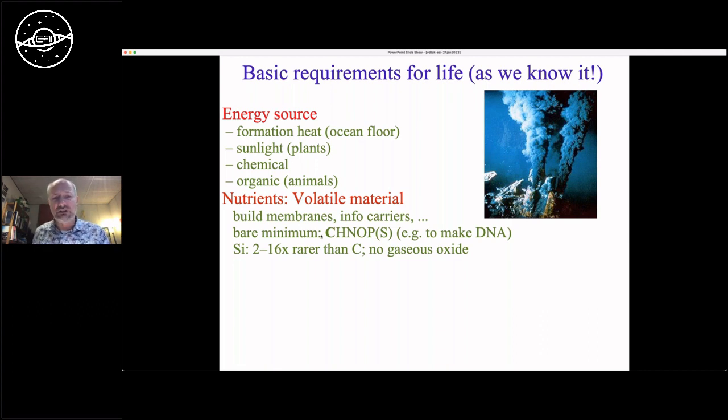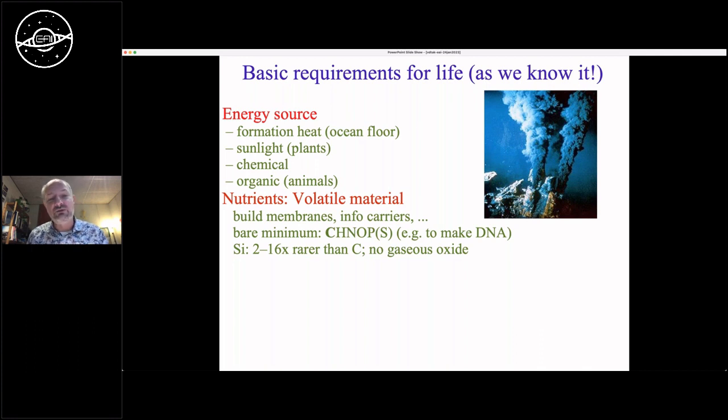There are some suggestions, maybe especially in the science fiction literature, that life doesn't need to be based on carbon. You could, for example, use silicon, which is chemically indeed somewhat similar, and it's also not that rare. It depends on where you are. On Earth, it is twice as rare as carbon. On the Sun, it's more like 16 times rarer.